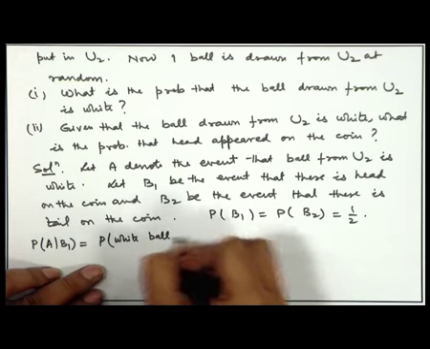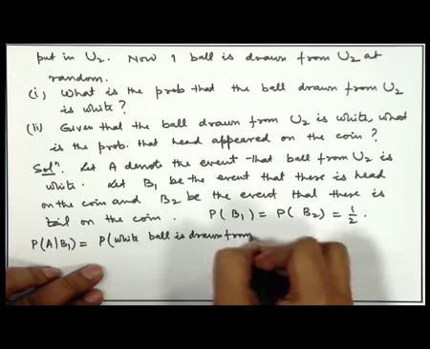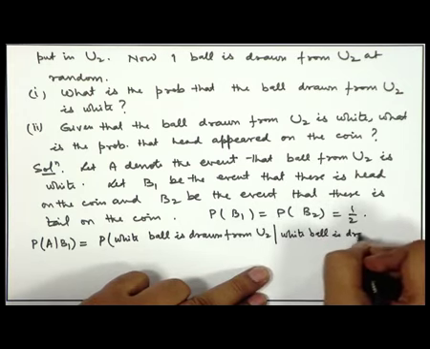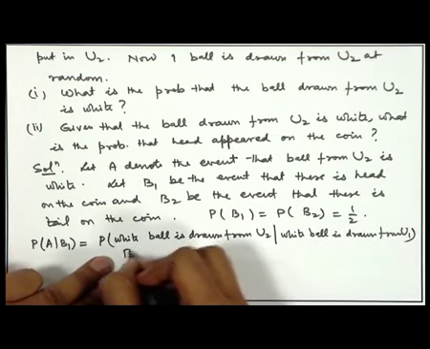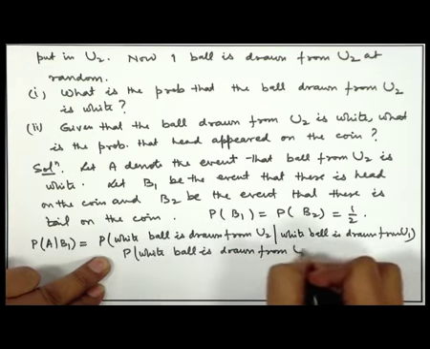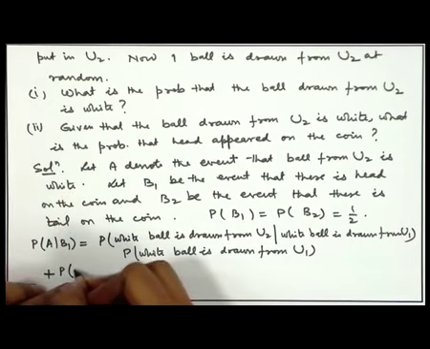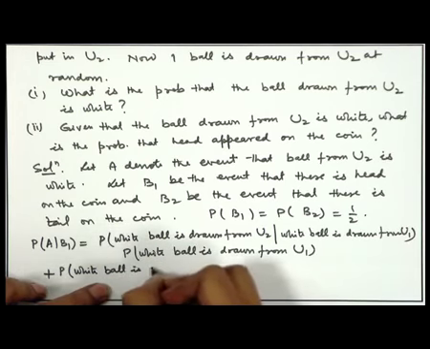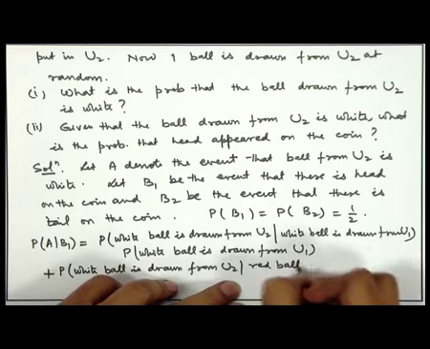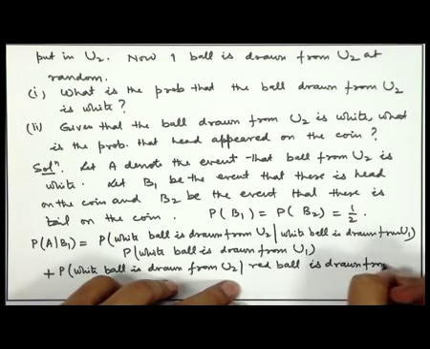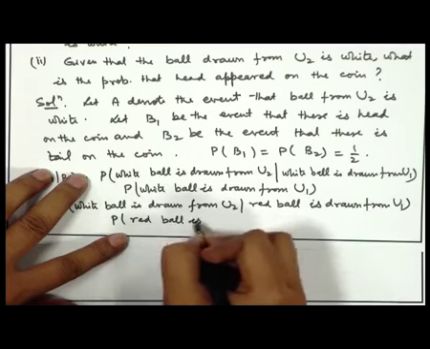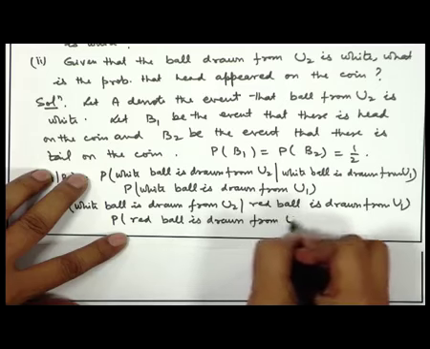P(white ball is drawn from U2 | white ball is drawn from U1) × P(white ball is drawn from U1) + P(white ball is drawn from U2 | red ball is drawn from U1) × P(red ball is drawn from U1).